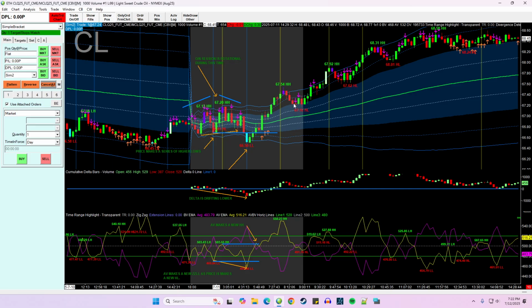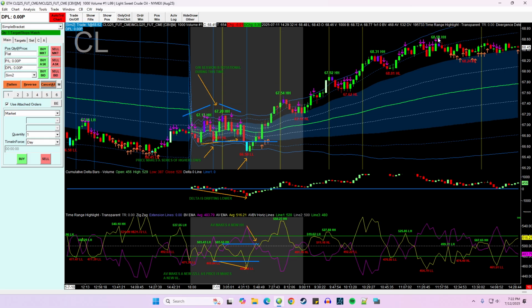We hold there, which is a sign of strength for buyers, and then it continues on, and we go all the way up from the low of 67 just prior to the open, 67.16, to a high of 68.58.